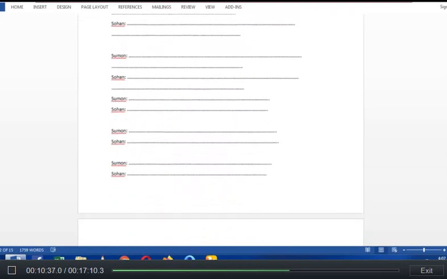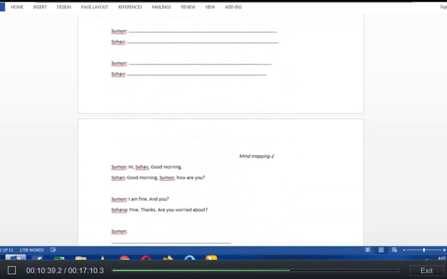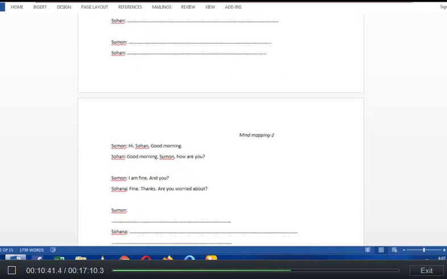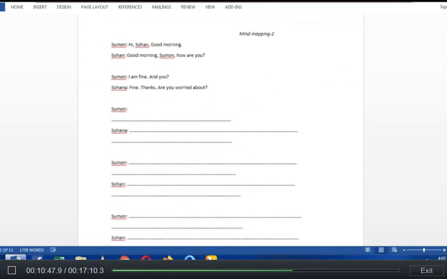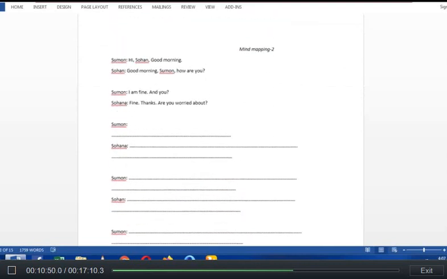Then, dear students, we may try to put down a dialogue. Mind mapping 2. You may look at the system or figure. This is the common dialogue.